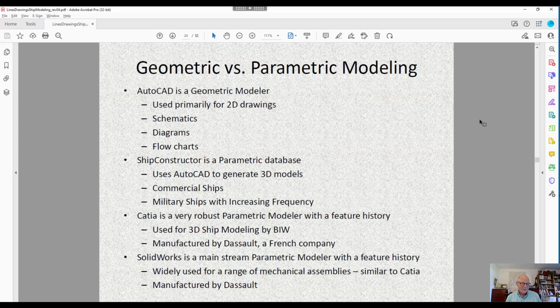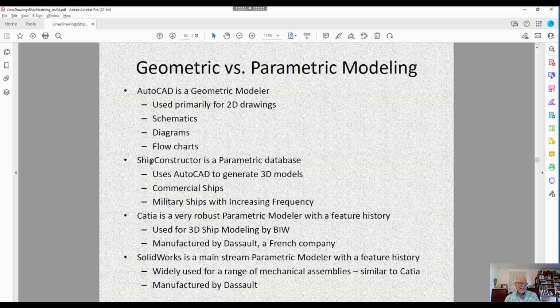And the options right now are Ship Constructor, CATIA, Pro-E, NX is another one, and several other large, very robust 3D parametric modelers. Ship Constructor is really a parametric database. AutoCAD is used by Ship Constructor to generate a 3D model to represent it graphically, but it is not used to actually design the ship.